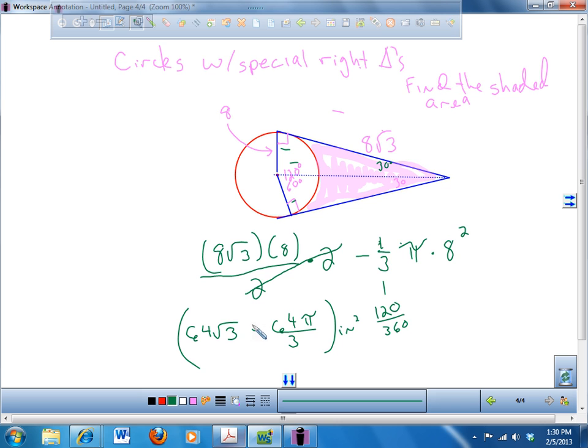In this section, they're kind of tricky. I'm just going to do a couple more. Let's do this one.